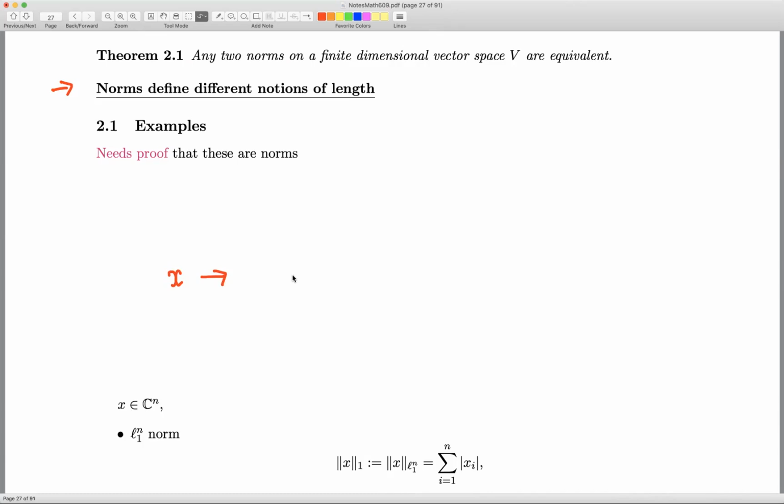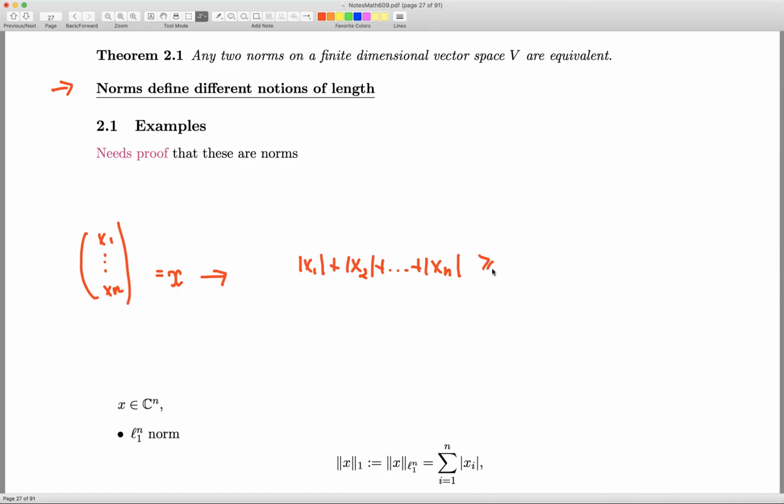Let me write it here as a column vector, X1 and so on, Xn. So this is the vector X. We look at the first coordinate, a complex number, and take its absolute value. Plus we look at the second coordinate, add its absolute value, plus and so on, up to the last coordinate. We add the absolute values of all the coordinates, and this is a number.